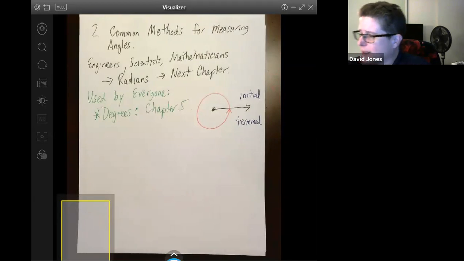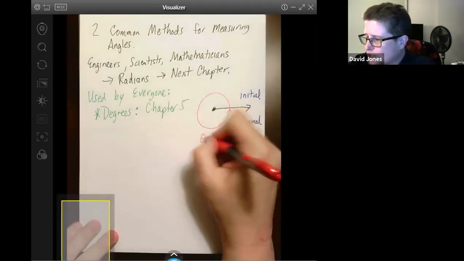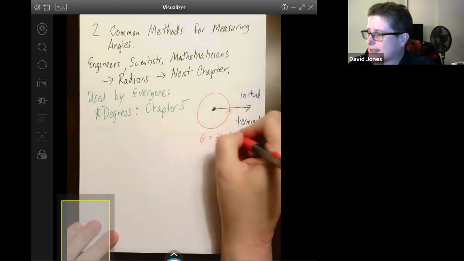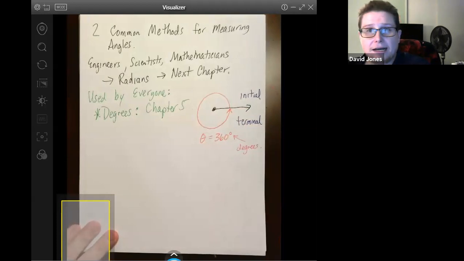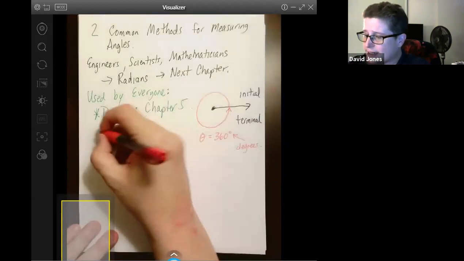When it's the same, this measure is 360 degrees. That elevated circle implies degrees, just like in Fahrenheit or Celsius, they put a little circle up there, it means degrees. So there are 360 degrees in a full circle.